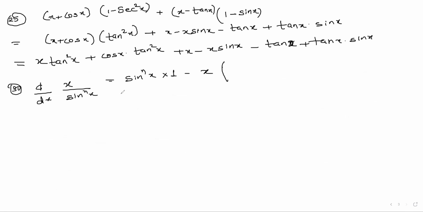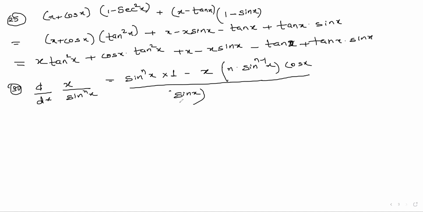If you differentiate this, it will give you n into sin to the power n minus 1 of x into cos x. Sin x to the power 2n.